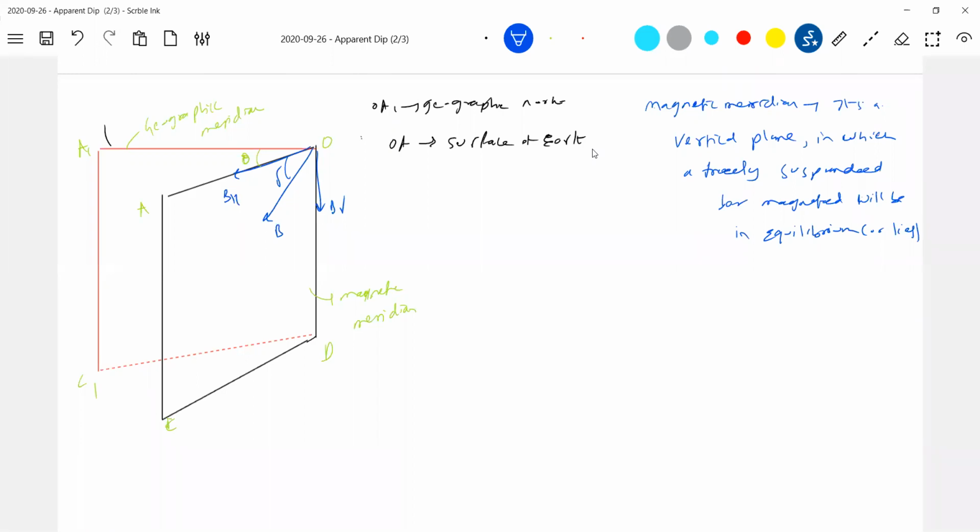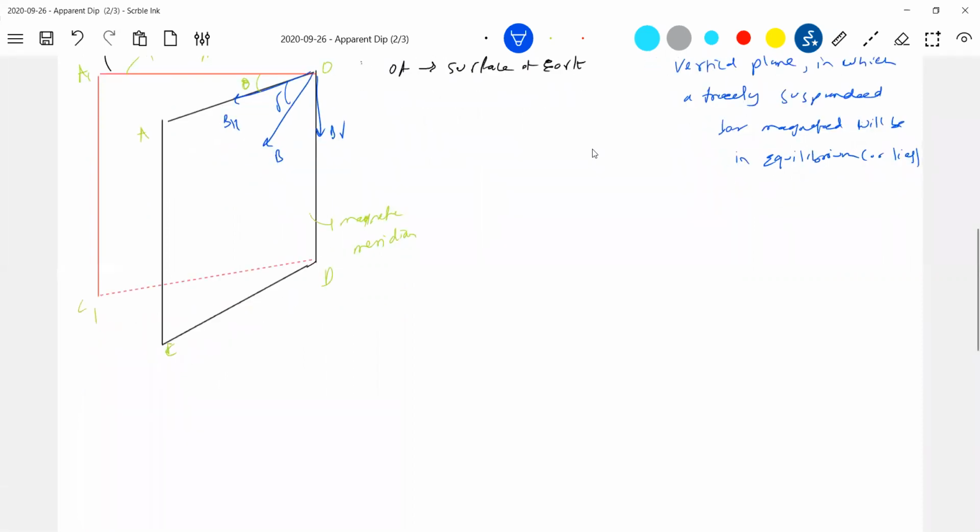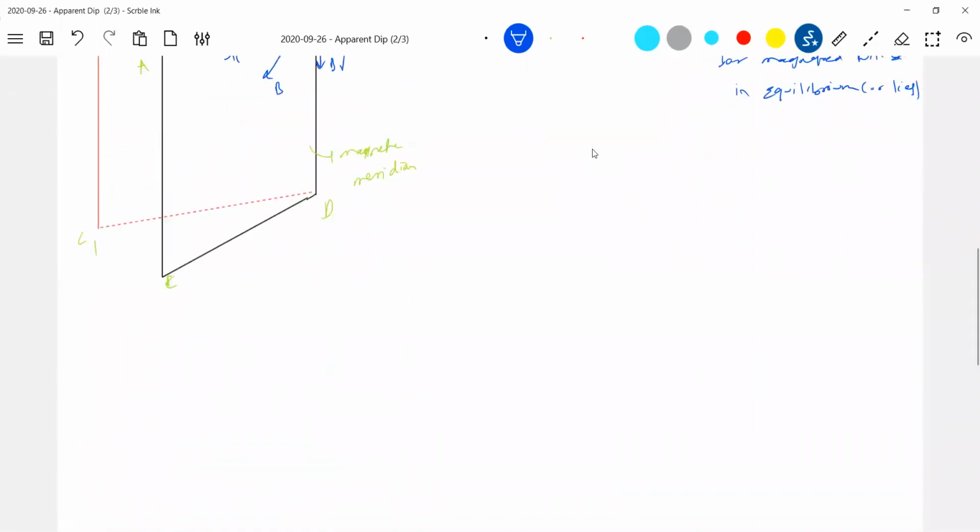So what I did is, okay, there's a magnetic meridian. Now I'll start the discussion. First we'll do it here.